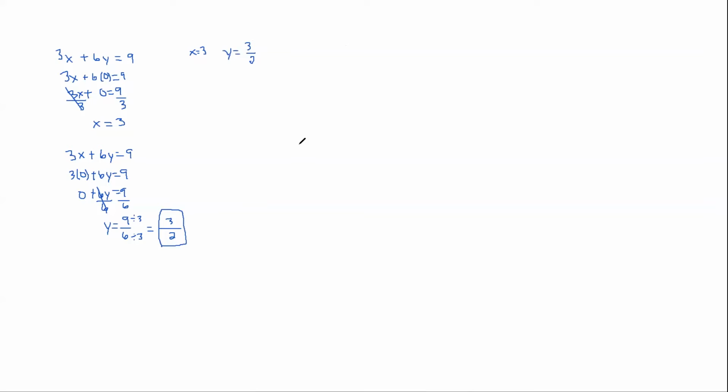Okay. So now you saw the process of it. You can try with this sample problem I'm writing right here. 2x minus 4y is equal to 20.